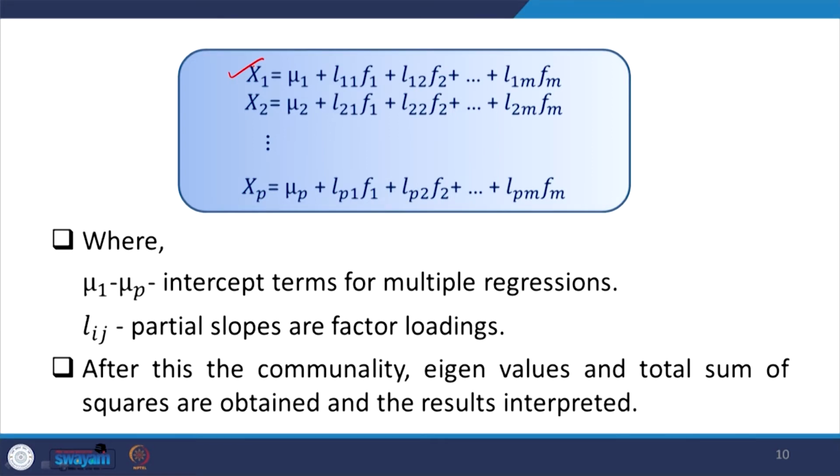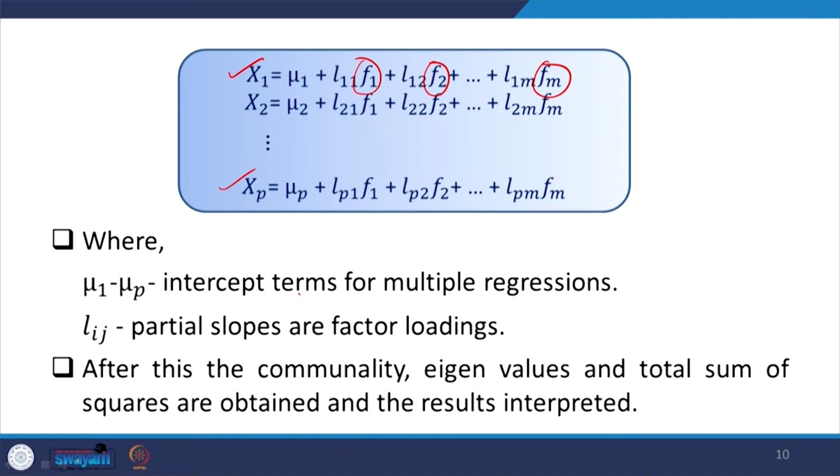So, with factor 1, factor 2 up to factor m for the first variable, and for the first model, and for the second model, similarly other sets of factors are included, and accordingly we can explain up to the pth variable.